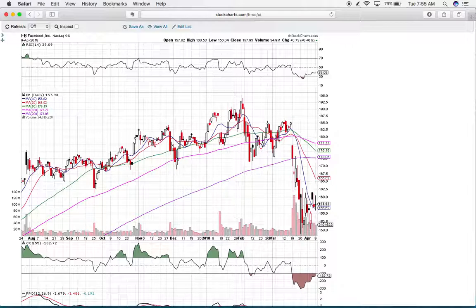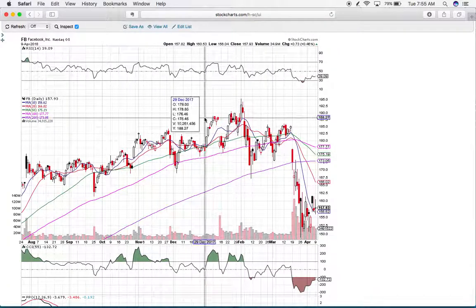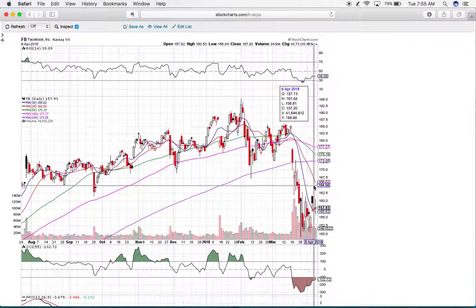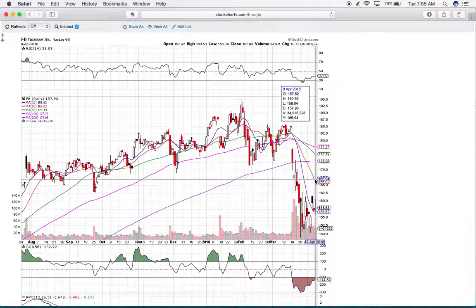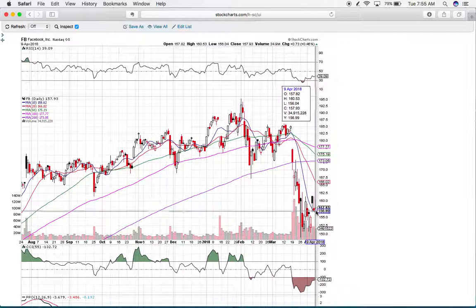So in the case of yesterday, let's put the crosshairs on here. Yesterday, you see Facebook just formed a big doji, and the high yesterday was 160.53. The low was 156.04. So the range yesterday was about $4.50. So it's a little bit below the average true range.